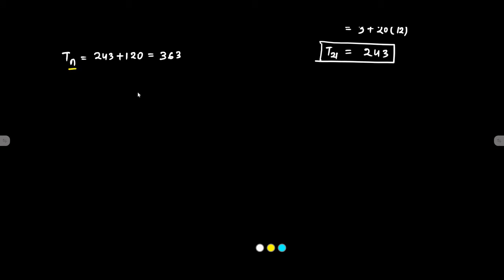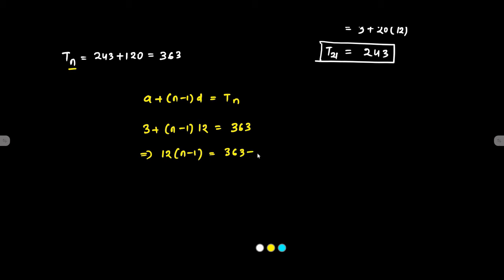Again the formula: A plus n minus 1 d is equal to Tn. So A, which is 3, plus n minus 1 into 12 is equal to 363. That implies 12 into n minus 1 is equal to 363 minus 3, which is 360.